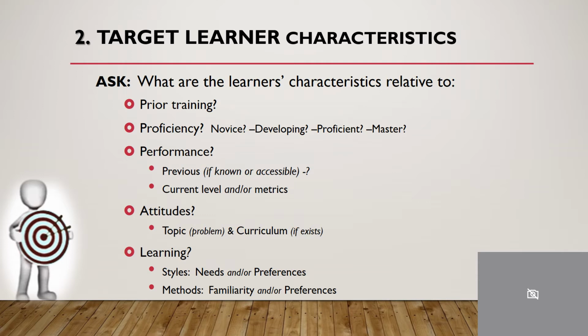It could run the range, as Helene described in her discussion last week in Robert's class, where she's bringing together cross-professional trainings with folks that start out at novice, fresh out of school, all the way to decades of practice experience. So think about your learners. What is their prior training, and how does that impact what you may propose downstream?